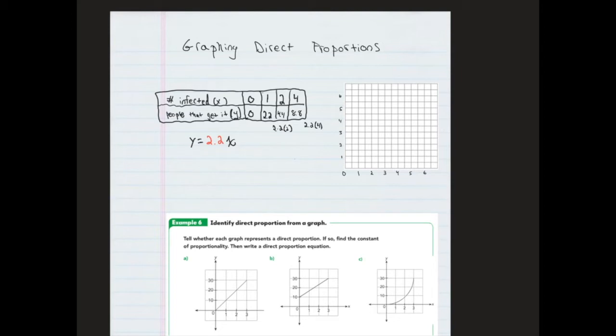So let's graph this then. We're going to start at 0, 0, and that's really important. If it doesn't start at 0, 0, it's not a direct proportion. So we can actually put that down right here: in order for it to be a direct proportion, it has to start at 0, 0.